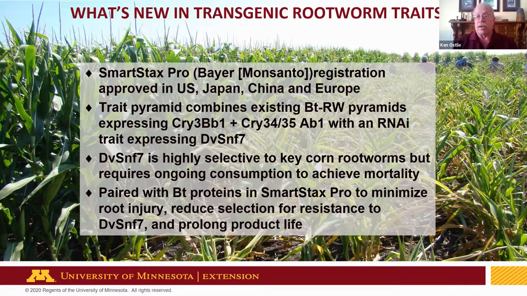Then when you get to the RNAis, they're incredibly specific. You can even have other beetle larvae feeding on corn roots, for example, and they're not affected by it at all, but you even see differences between diabrotica in which diabrotica are affected the most. But the RNAis seem to have good activity against both northerns, westerns, and Mexican corn rootworm, for example.